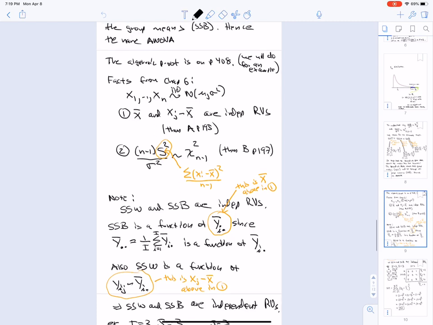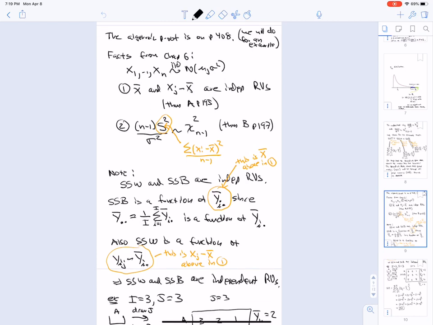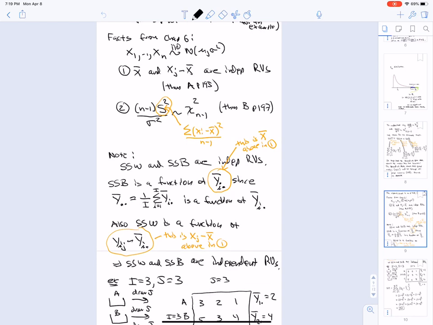Now the row mean Y is x bar in fact 1, and Yij minus the row mean is xj minus x bar in fact 1 above. So that shows that SSW and SSB are independent, since they're functions of things that are independent of one another.